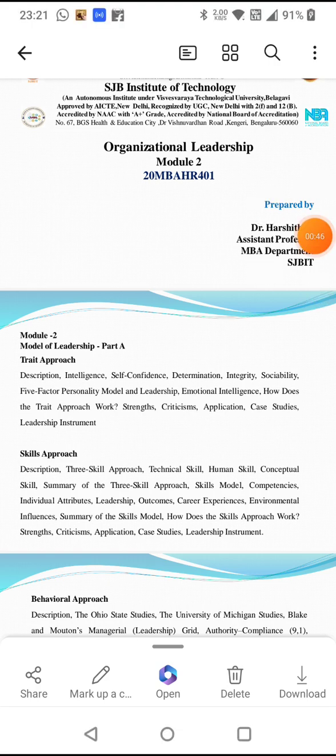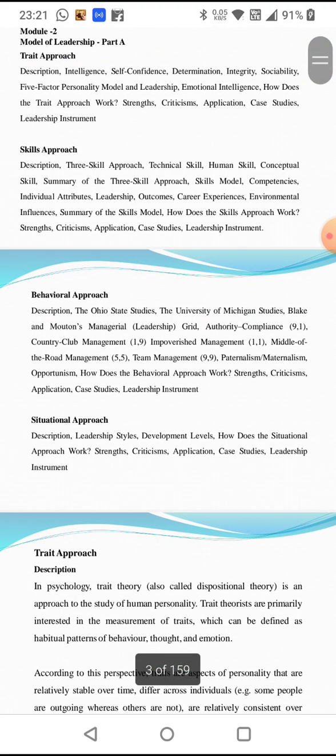Next, coming to the skills approach, we will be discussing the conceptual skill, human skills, and technical skills, and again the strength, criticism, application, case studies, and leadership instruments as well. Next, the behavioral approach: the Ohio State Studies, University of Michigan Studies, Blake and Mouton's managerial grid, and other grids. And again the situational approach, which tells us about the leadership style, the criticism, strength, and application of that particular model or approach.